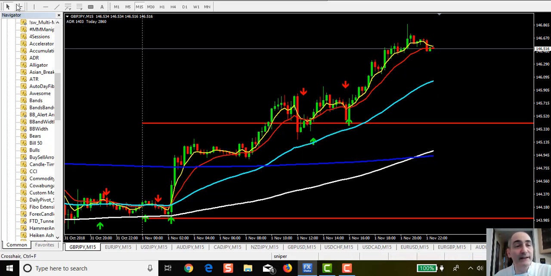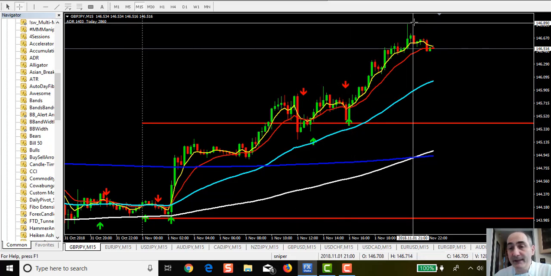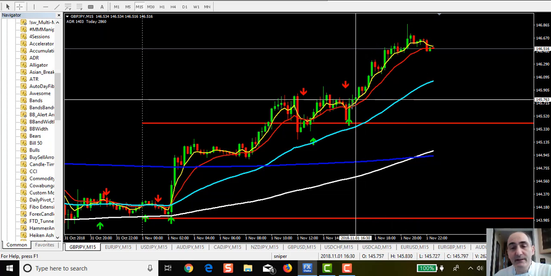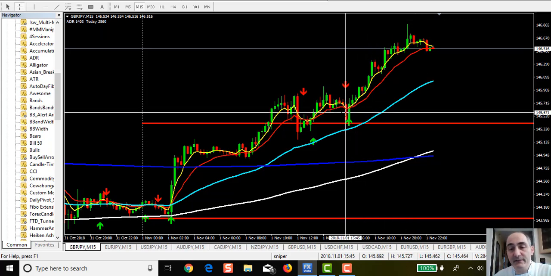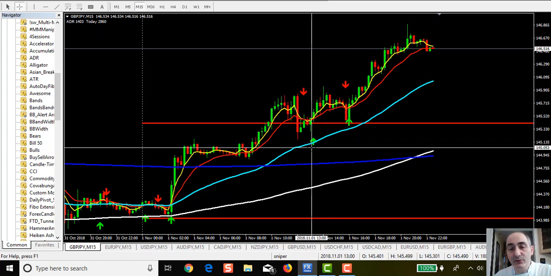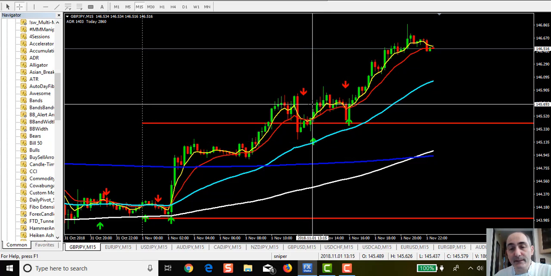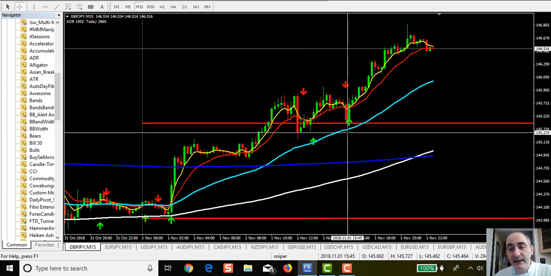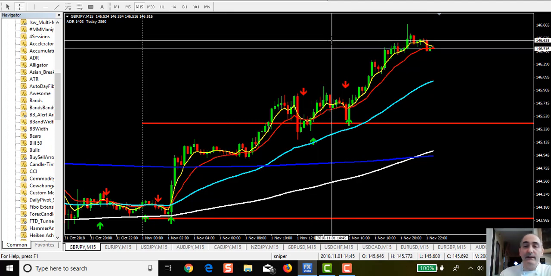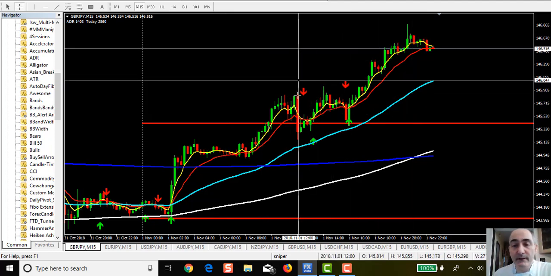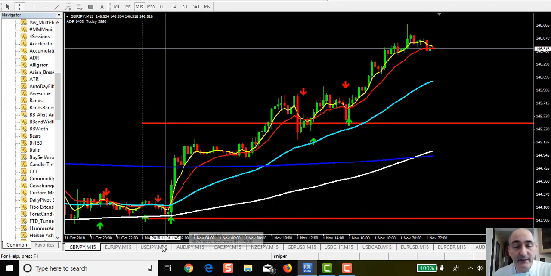If we tried to short that there, we would just lose money because it just keeps going up. Same thing happens right here, and then of course you get a cross right back to the upside. Again, cross down, cross up. And so it's just not a good trade to take.